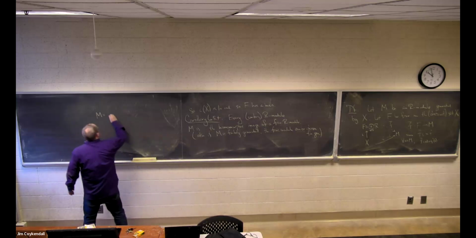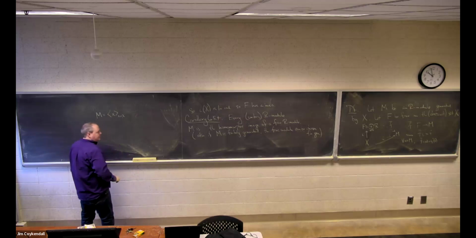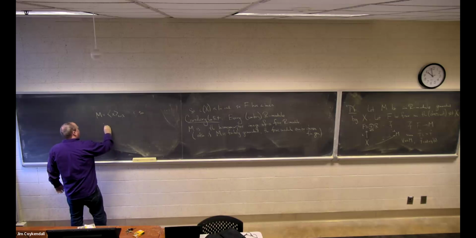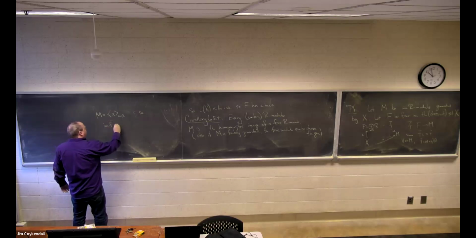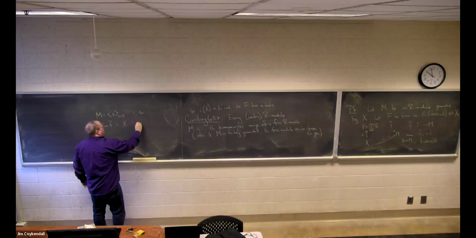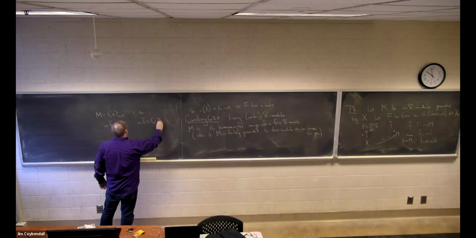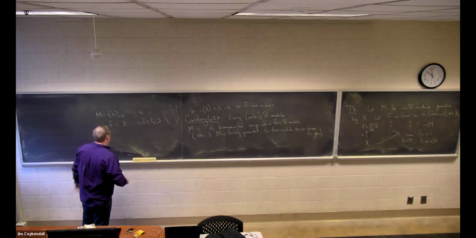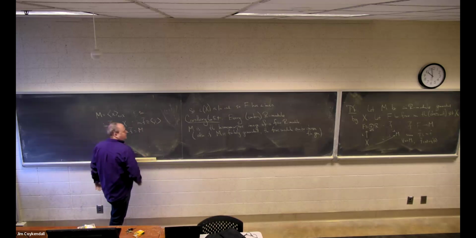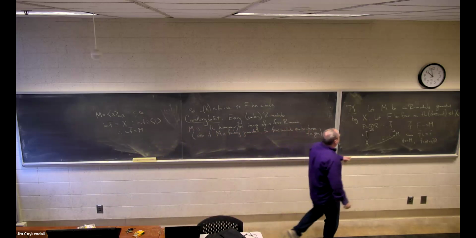Notice M is generated by the set X. And so the image of F bar contains the set X, therefore the image of F bar contains what's generated by X. Therefore, the image of F bar is M. So there you go. It's onto, which is what we wanted.